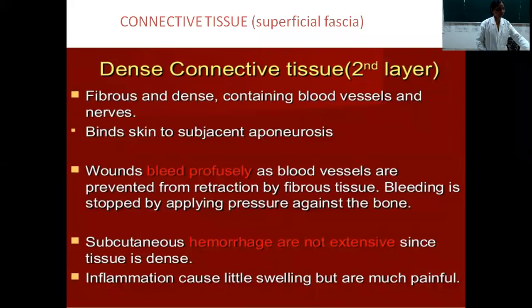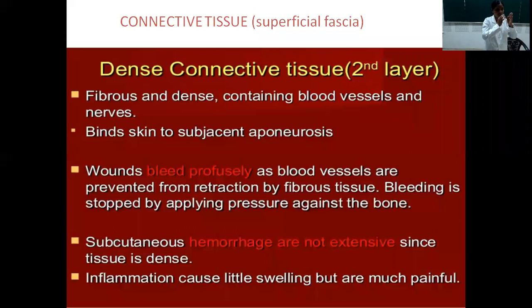So any blow on the skull that damages these blood vessels, in a closed wound or open wound, what happens? They bleed. In case of an open wound, these blood vessels are unable to retract. Imagine a vessel present in this layer; if it is cut across, the vessel wall is cut in between.